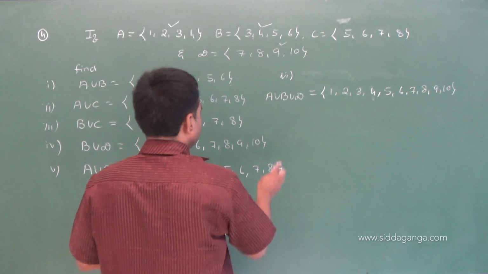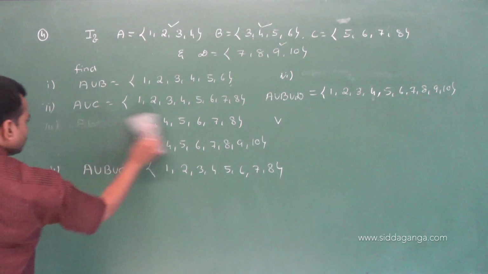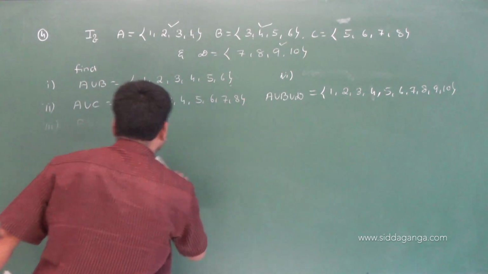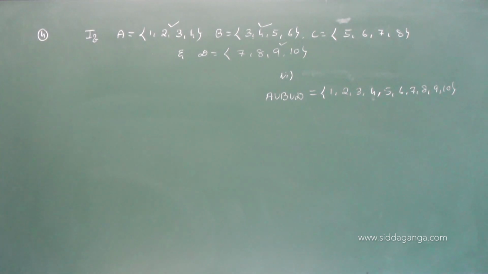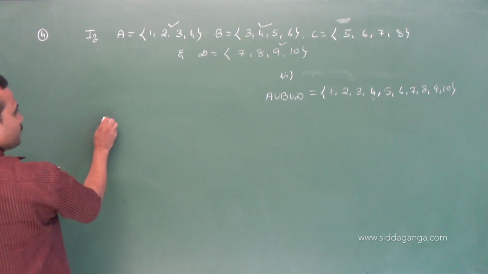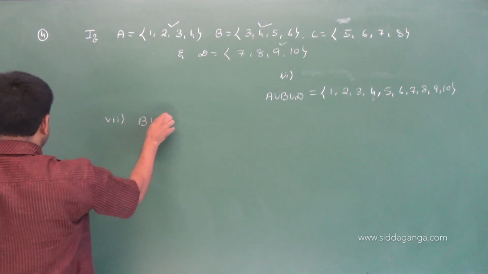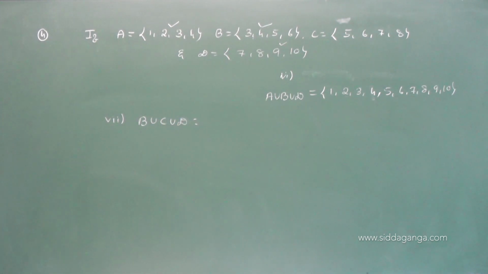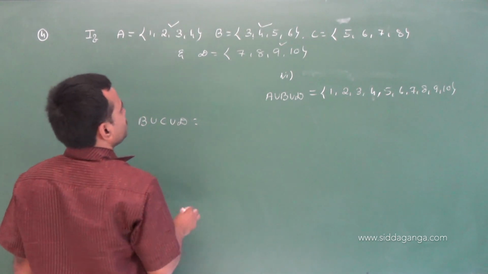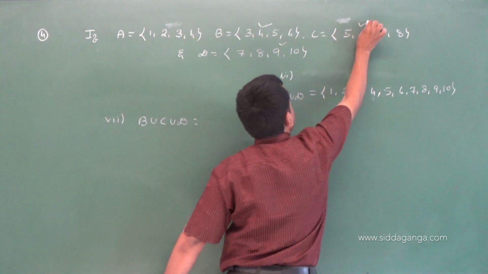The last question, I think the seventh one, is B union C union D. These three sets.